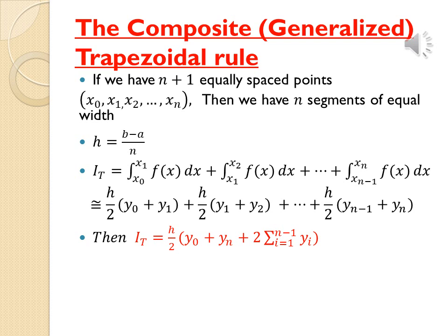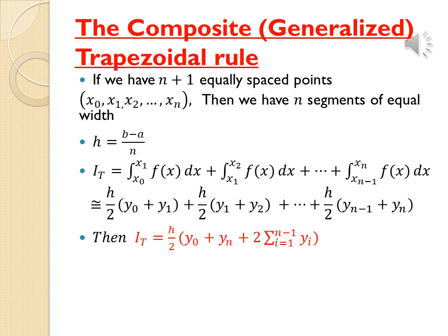Many points, n points, which may be odd or even, any number, and the distance between two points is equal spaced. I mean the difference between the first and second points is the same as between the second and third, and so on. We know h was b minus a before; here h equals b minus a over n, where n is the number of points.